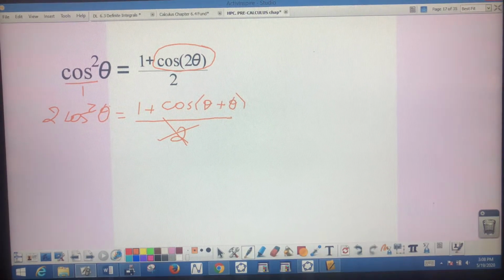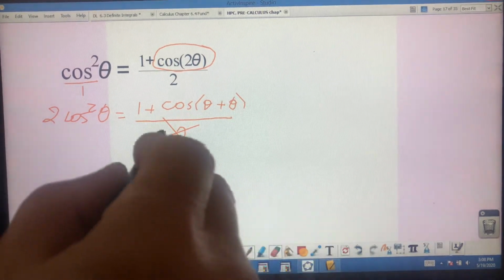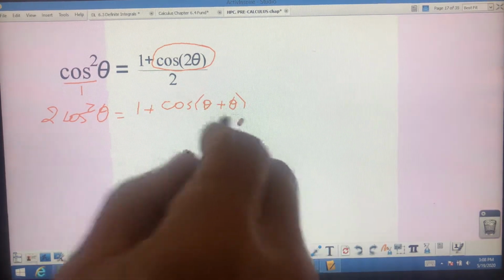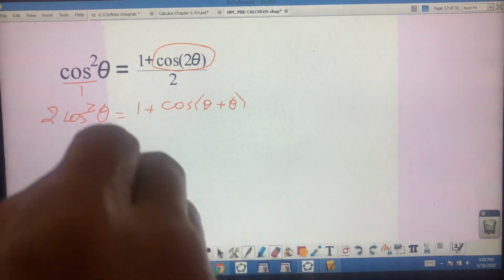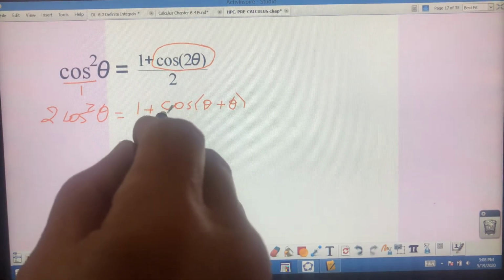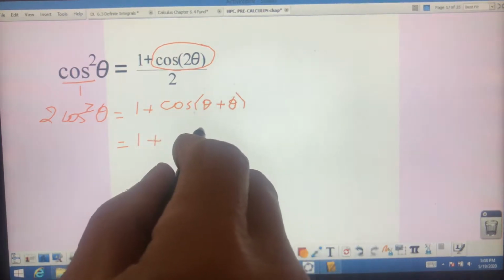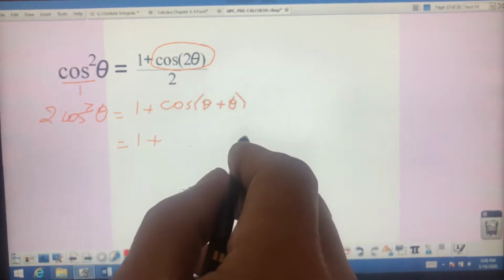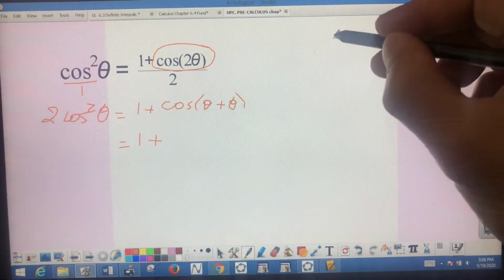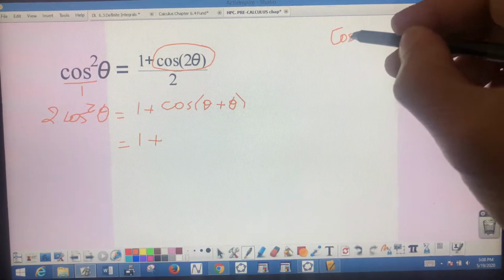Okay. Now I'm going to erase this here because you saw what happened already. All right, so I got 1 here. That's going to stand by itself. Plus, now cosine of an angle plus another angle, if you recall that formula, it looks like this.